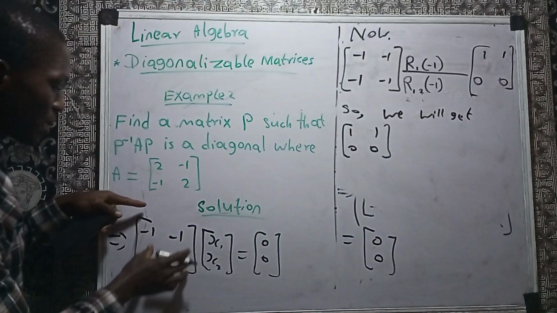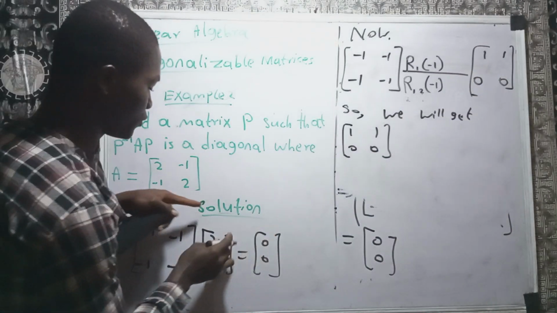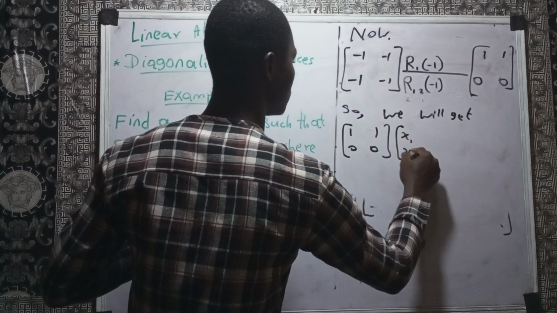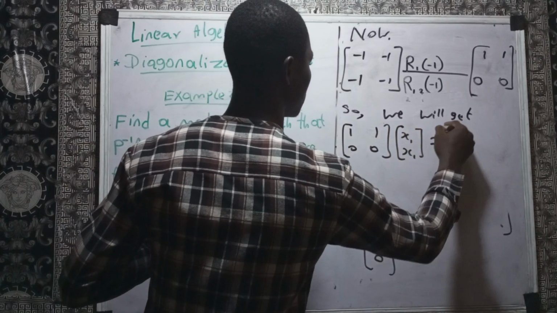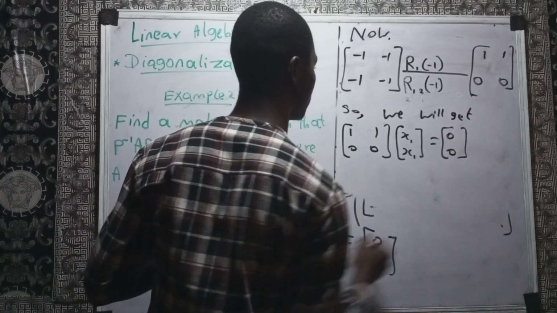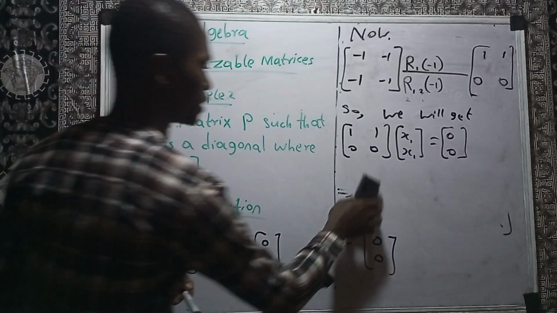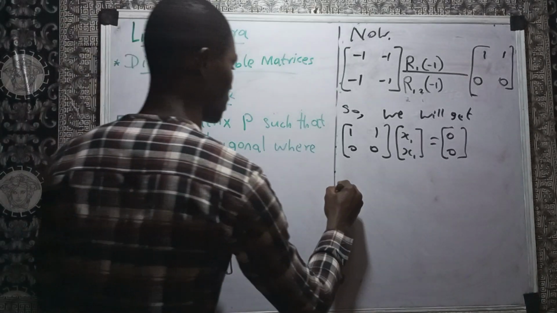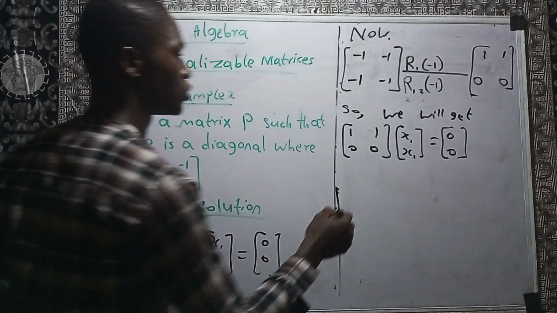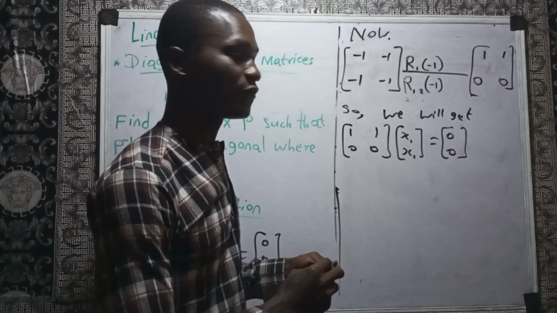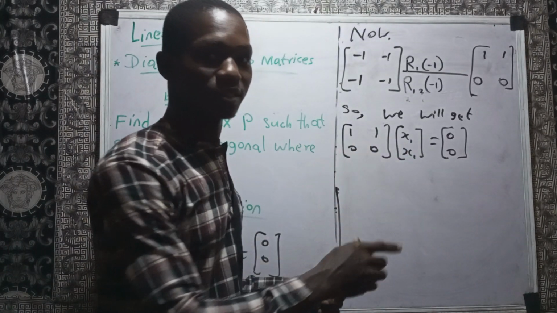We come here and put it. If you put it, we will have this column vector, which is equated to the 0 vector or 0 matrix. So we need to solve this.